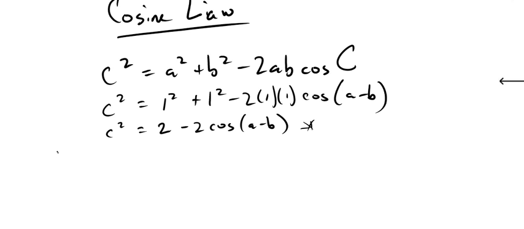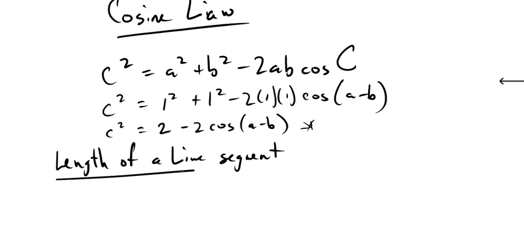The other one, like I said, we're going to do is length of a line segment. This one I would be surprised if you remembered, but maybe somebody does. Does anybody remember the formula for length of a line segment from grade 10?